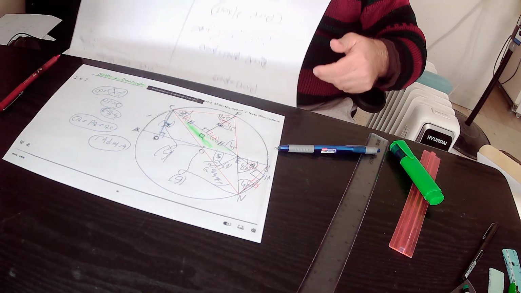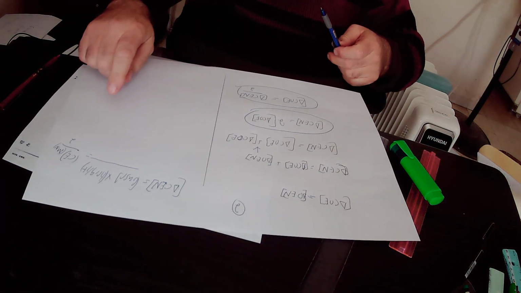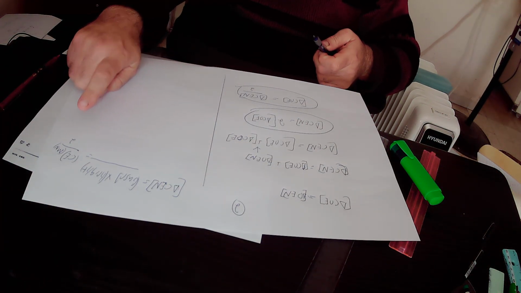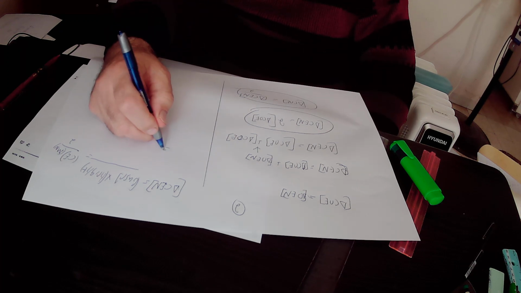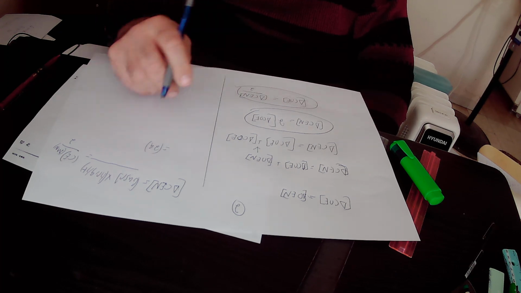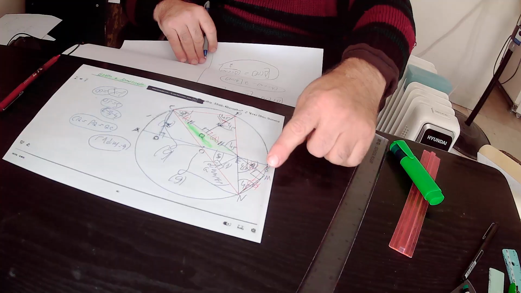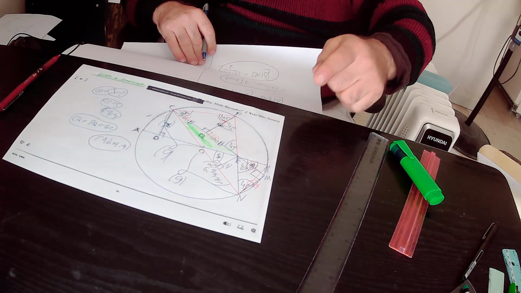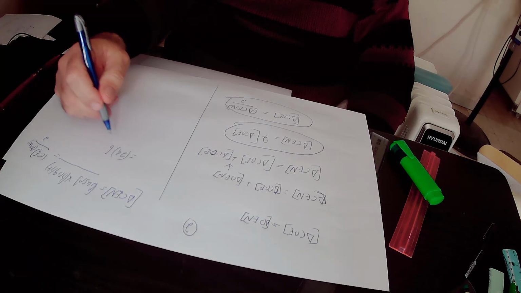Right now, we know that the base CE of the big triangle CEN is 2A, and the height to the base is MN, that is B, according to our definition, over 2.